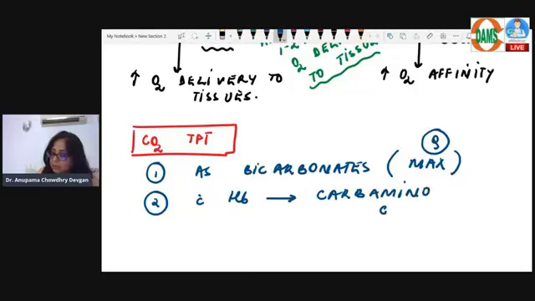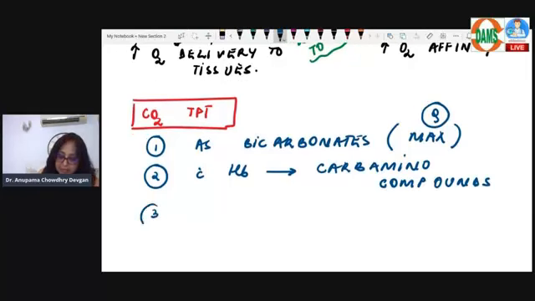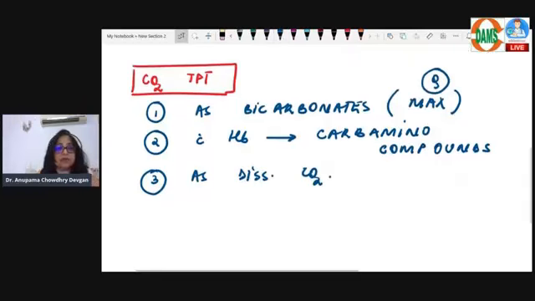And number three, as dissolved CO2. So CO2 transport occurs in three ways. Maximum CO2, which has been asked as a question, will be transported in the form of bicarbonates, then with hemoglobin to form carb-amino compounds, and as dissolved CO2, right?